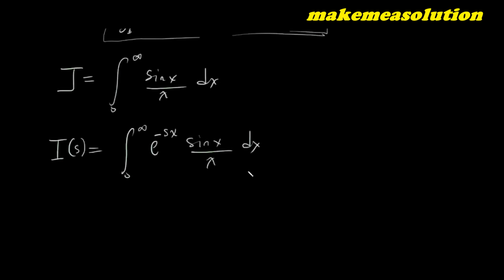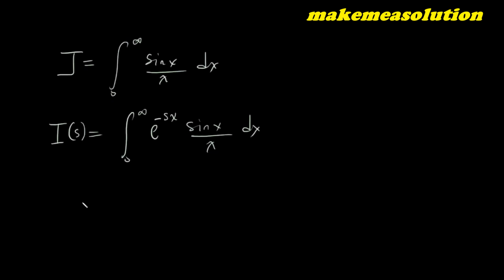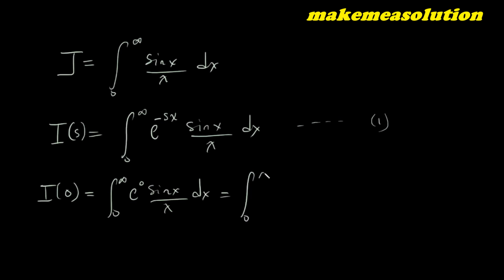The reason I'm introducing this dummy term is, if I take I of 0, you would have the integral from 0 to infinity of e to the 0, because s times x is 0, times sine x over x dx. And this is just the integral from 0 to infinity of sine x by x dx, which is our original integral J.